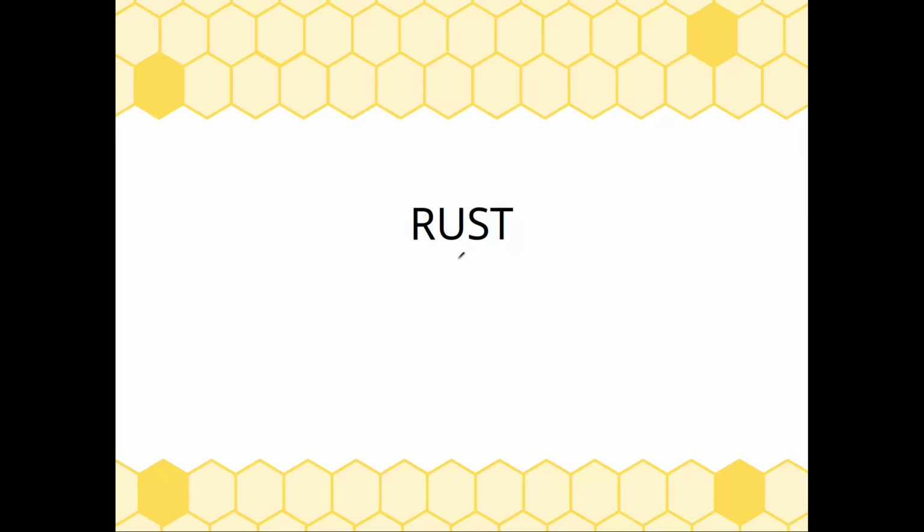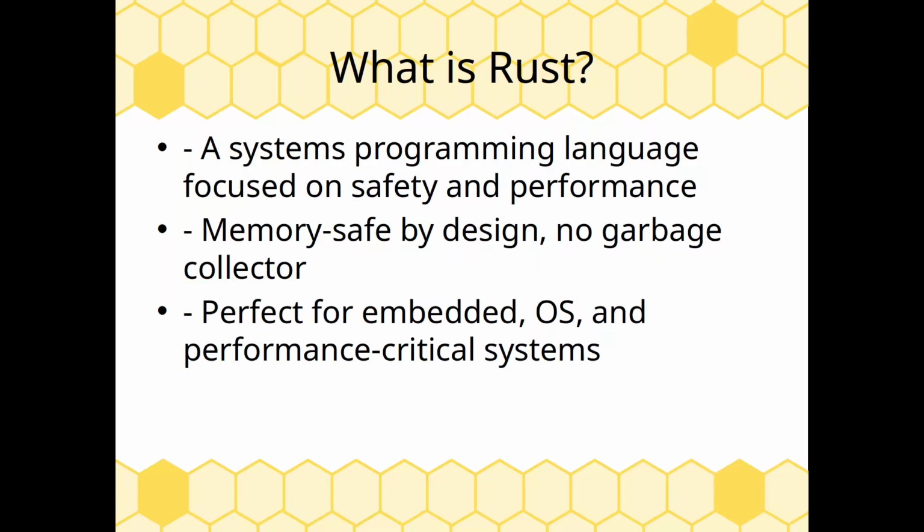Today we are going to see what Rust is, what the advantages and disadvantages of Rust are, and what advantages it brings when we run Rust in embedded systems. So first of all, what is Rust? Rust is an advanced system programming language focused on safety and performance.